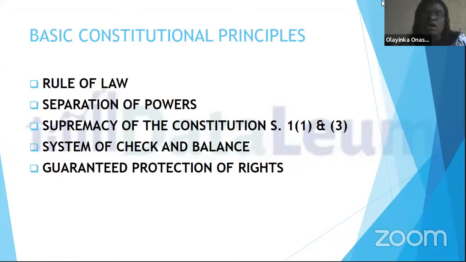So in such a circumstance, you see that the powers of the legislature are called upon to serve as a check on the president. A president knows that his powers are not absolute. He is not the alpha and omega. He controls a lot and he has enormous powers, yes, but the powers of the legislature are also there to check the president.